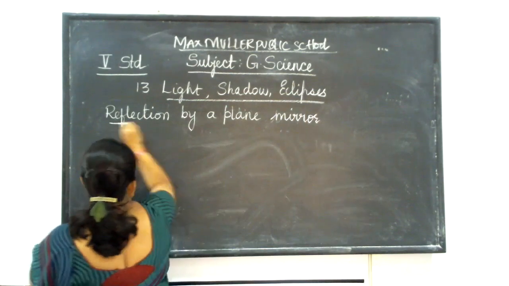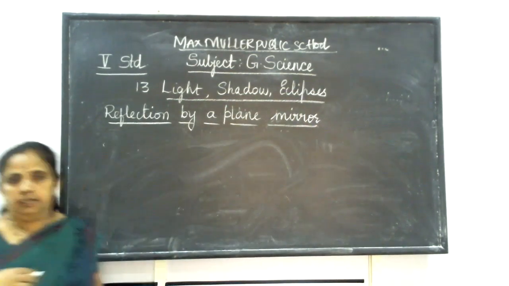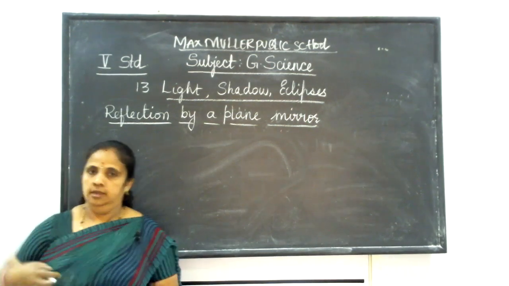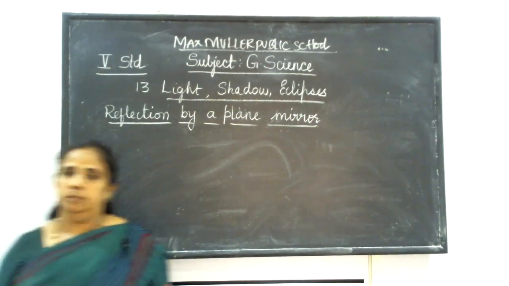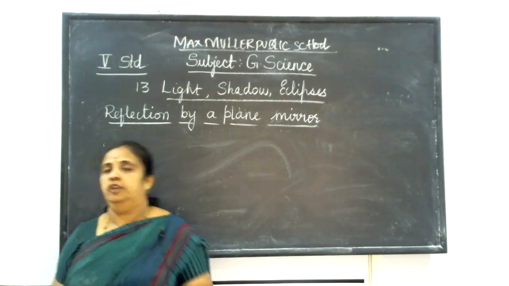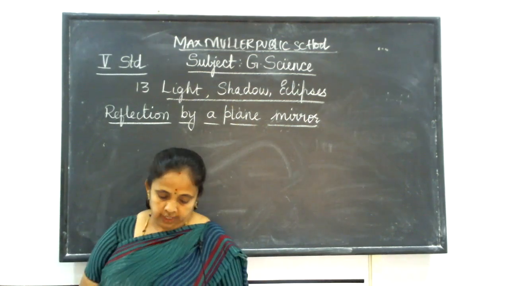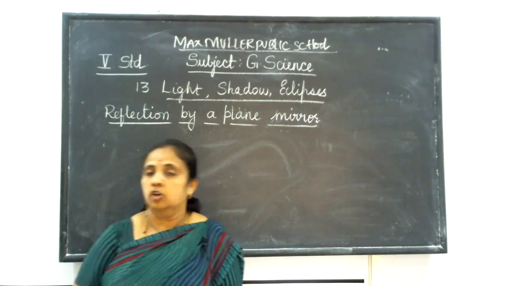What are the characteristics of this? Mirror is a good reflector of light. We can see a clear image formed by the mirror. When we get dressed and stand in front of a mirror, we can see our image. Is it not? So there are some characteristics of this.